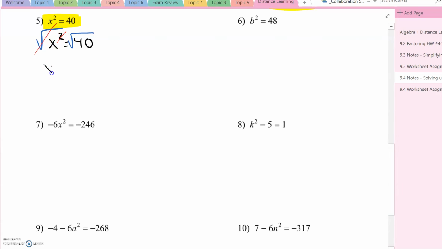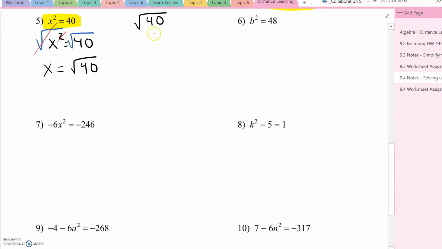Okay. Just like before, the square root and the squared cancel each other out. So I'm going to write this as x equals, is 40 a perfect square? No, it is not. So right now, we're just going to keep it as the square root of 40. This is where we're going to go to what we did in 9-3 to try to simplify this. So if we have the square root of 40, try to think of a perfect square that's in the number 40.